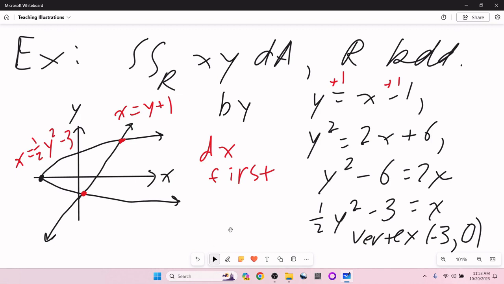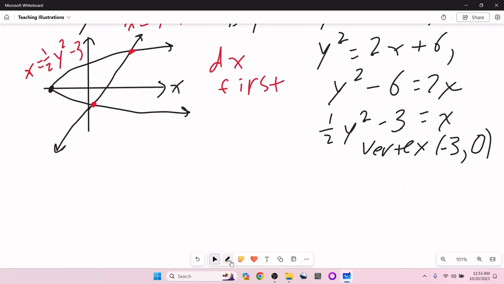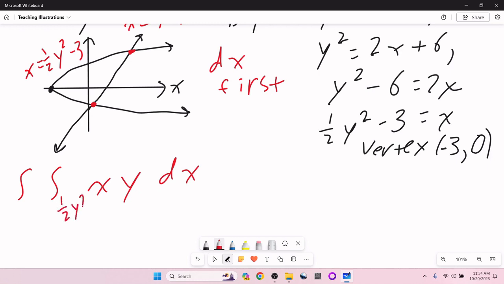So those are our limits on x. So we're going to do double integral of xy. We'll do dx first, where dx will go from 1/2 y squared minus 3 up to y plus 1.